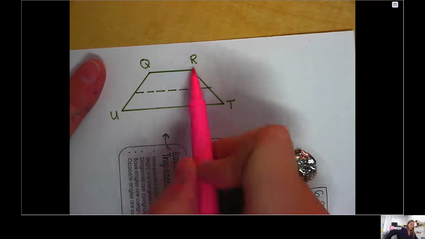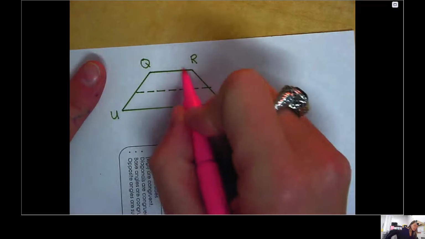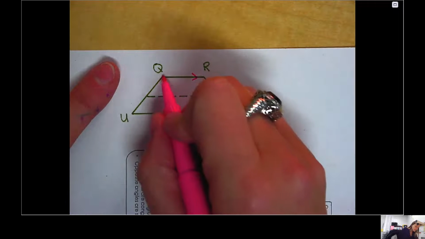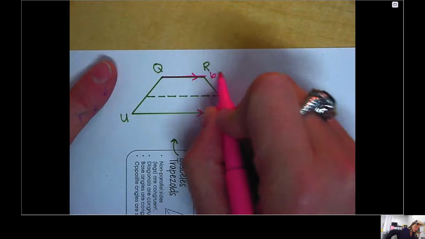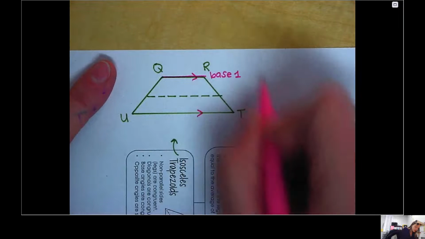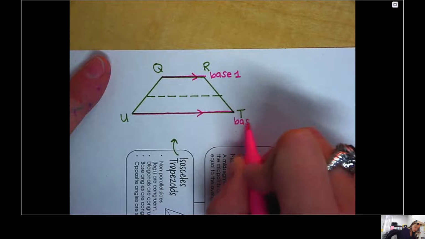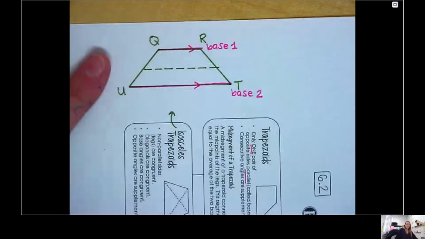If you look at my picture here, from Q to R and from U to T, these ones are parallel, and these are called the bases. I'm going to call this piece up here base 1, and this one down here base 2, so that we know what we're talking about when I start to reference them.